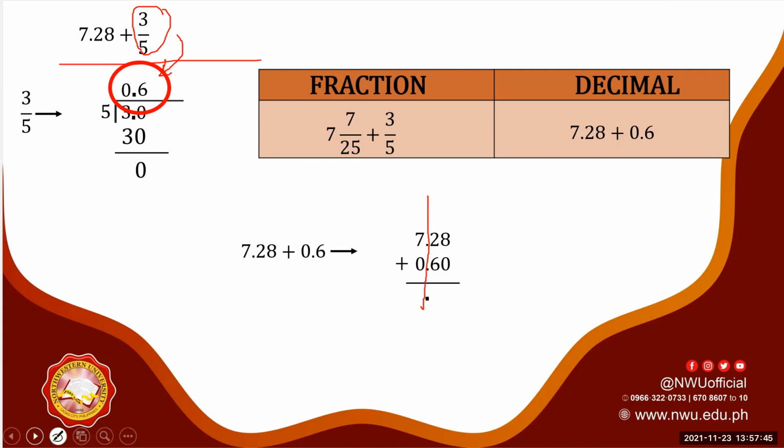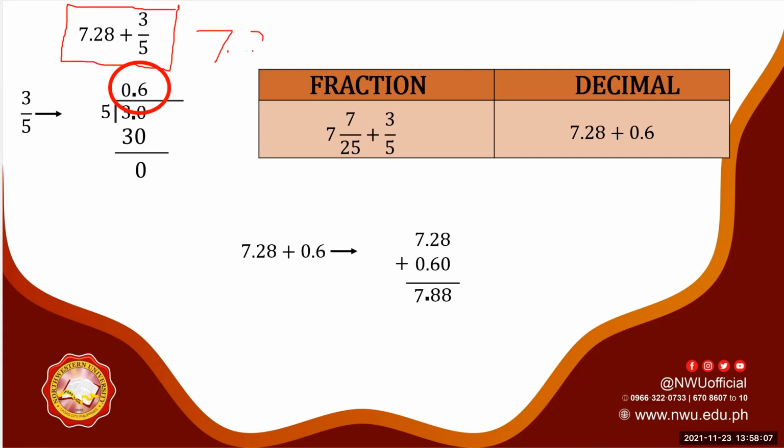And then you can just add as like you are adding normal numbers. So for example, 8 plus 0, that's 8. 2 plus 6, that's 8. 7 plus 0, that's 7. Therefore, our final answer here is just 7.88.